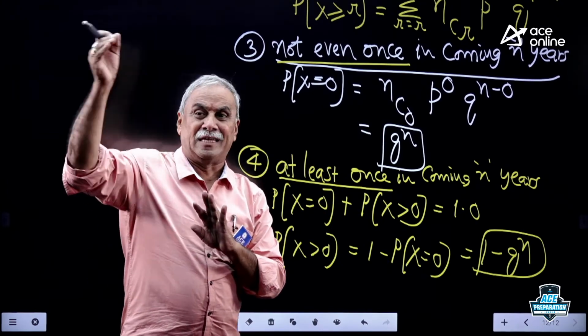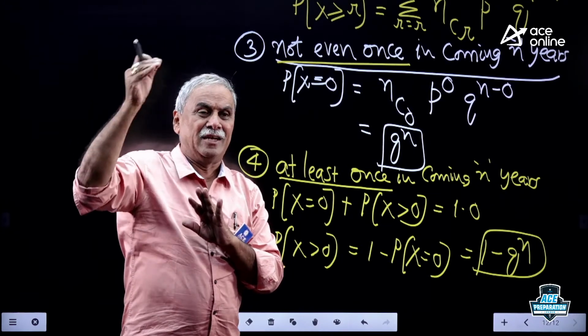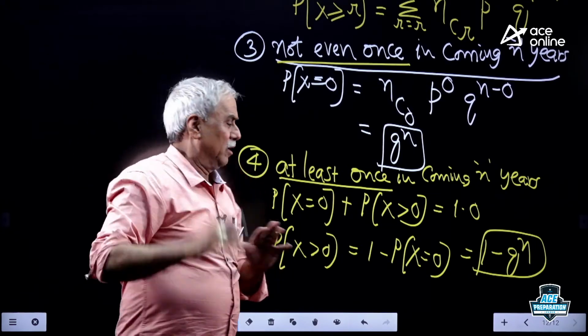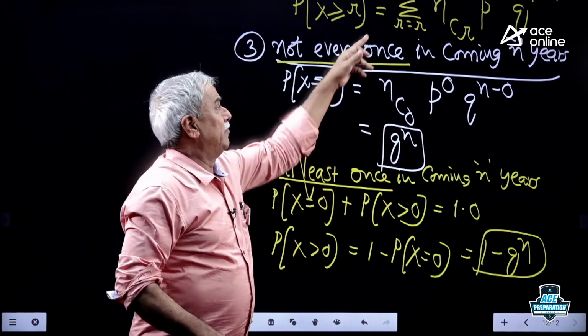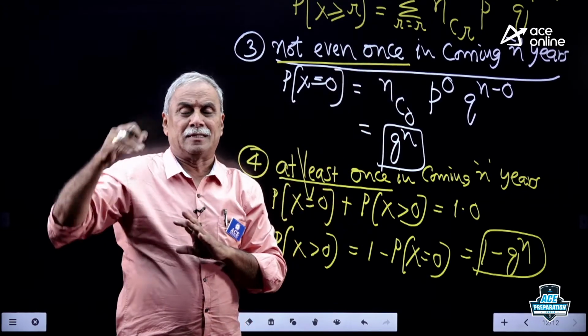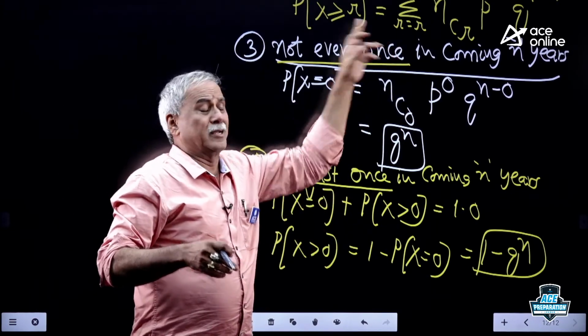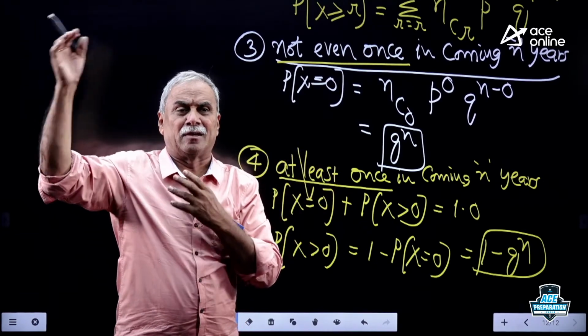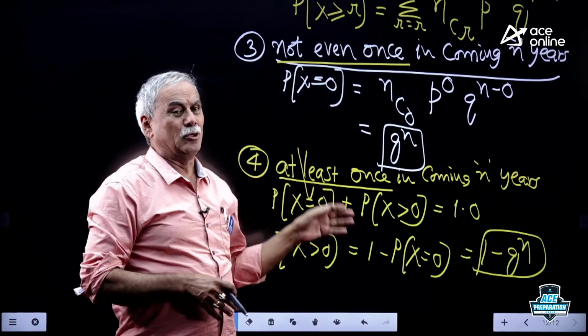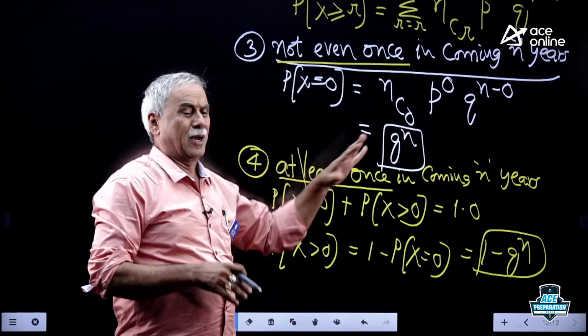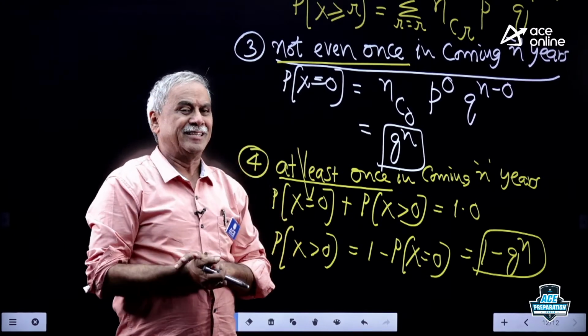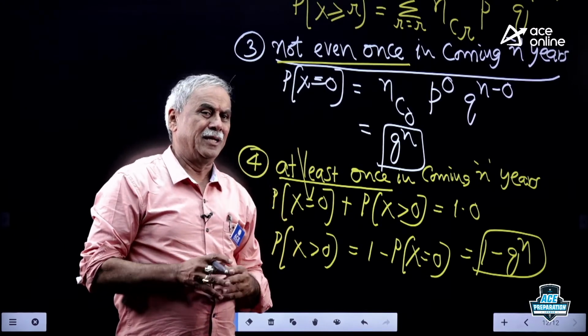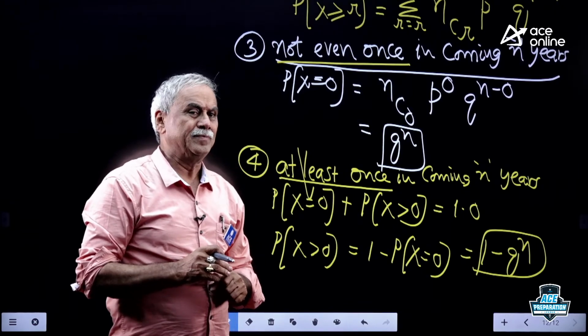Previous rainfall data will give the return period T. T will give the values of P and Q. With the help of P and Q, in the coming n years, to get R number of times or at least R number of times, this type of problem is likely to come in the GATE examination in my view.